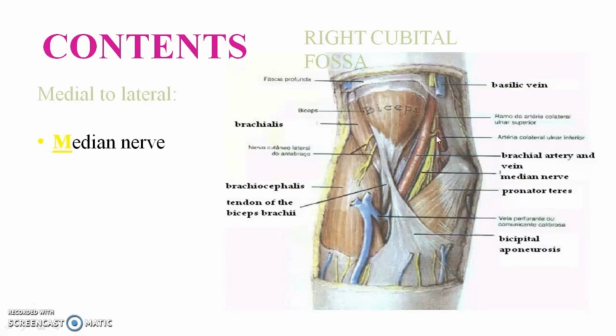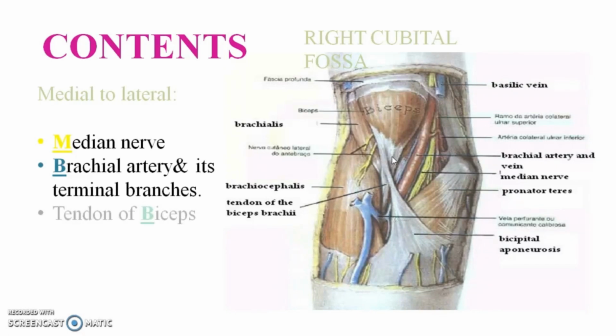So this is the medial aspect and this is the lateral aspect. This image is a right cubital fossa. So in the medial aspect, the first structure which is passing is the median nerve. Then we will be having B, which stands for brachial artery, and then another B which stands for tendon of biceps brachii, and then we will be having another structure which is present laterally, that we will call the superficial branch of radial nerve.